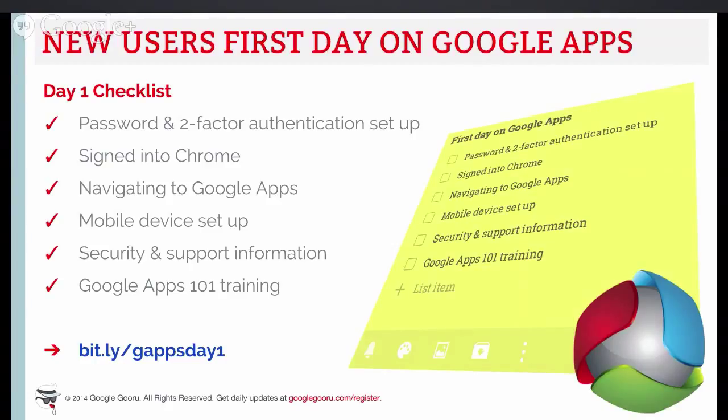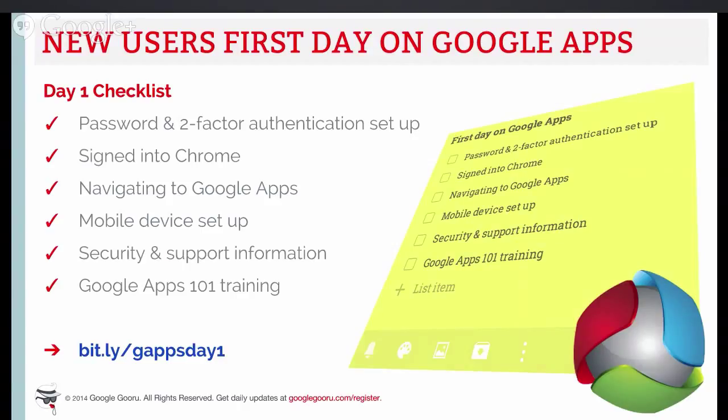I think it's also important that you show them how to navigate into Google Apps. So typically the entry point for most organizations is navigating to gmail.com and signing in with your Google Apps account. From Gmail, you'll want to show them how to use the Google Apps Launcher to get to different Google Apps, such as Calendar, Drive, and so forth, and just make it easy for them to navigate in between all of the apps.